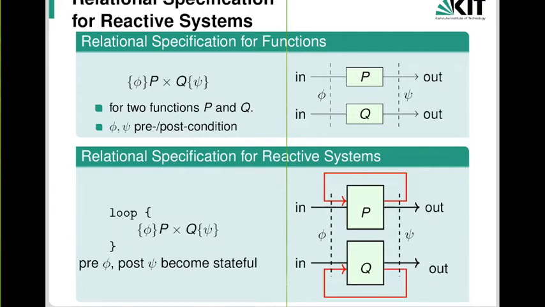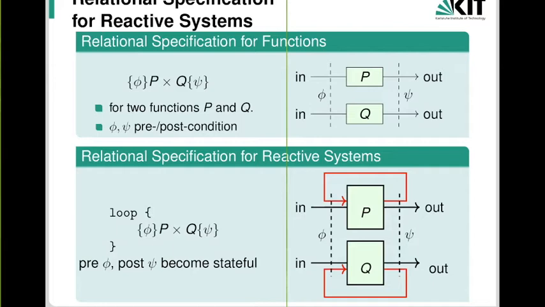This pre and post condition is able to talk about the sensor values that are coming from the environment and also the internal state of the reactive system and also the computed output values.